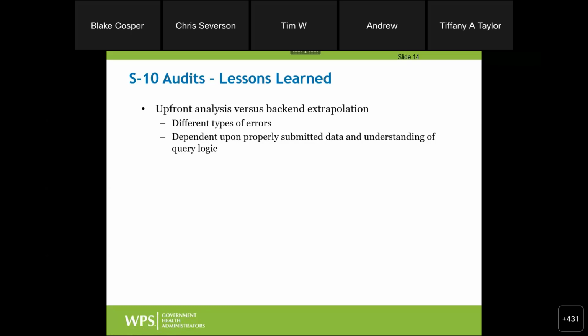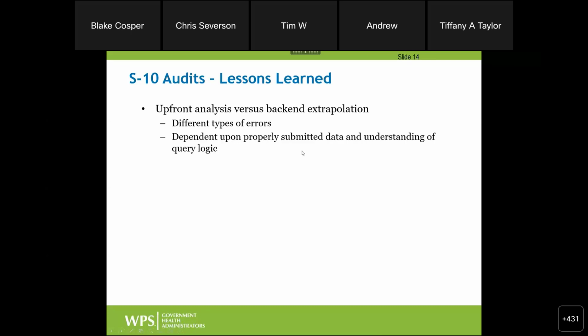It's just a cleaner audit when we can find some of the more obvious errors up front. And again, our query logic is designed to help providers submit the cleanest listing possible so fewer errors exist to begin with.